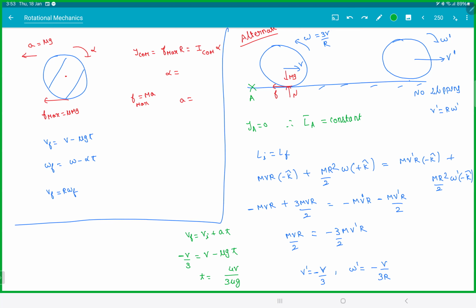Anyone not clear with this page, please ask me. There are two ways you can do this problem. Anyone not clear with this, please ask.